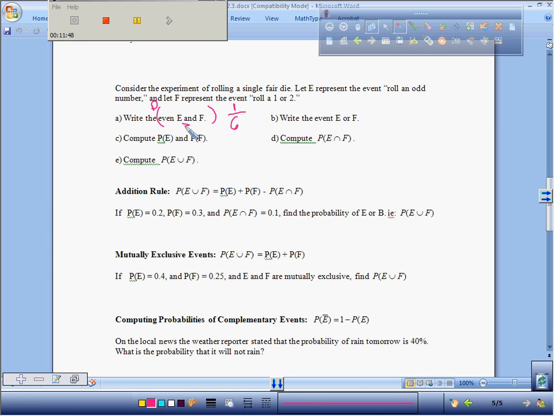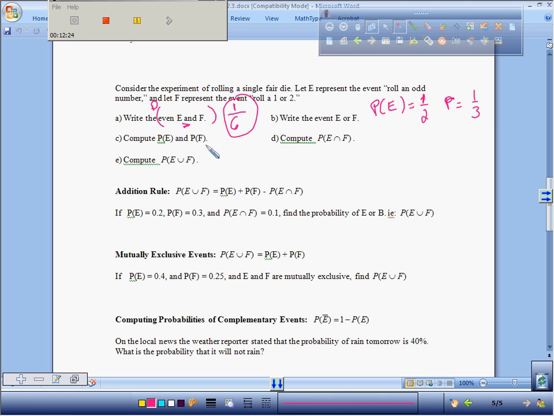If it says and, you can multiply the probabilities. So what's the probability of getting an even? 1/2, right? What's the probability of getting a 1 or 2? 1/3, right? And so what's 1/2 times 1/3? 1/6.